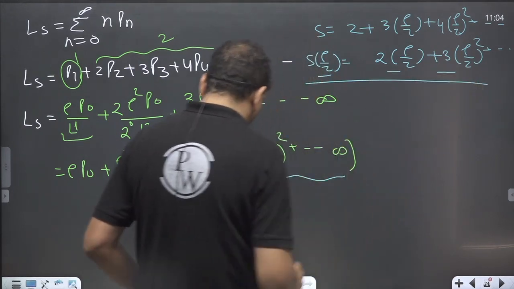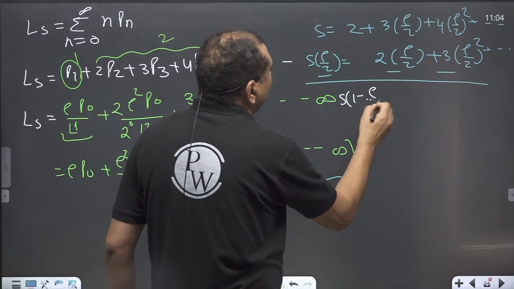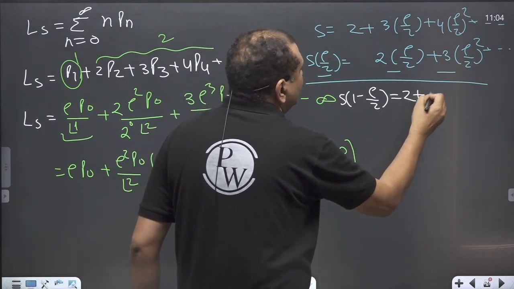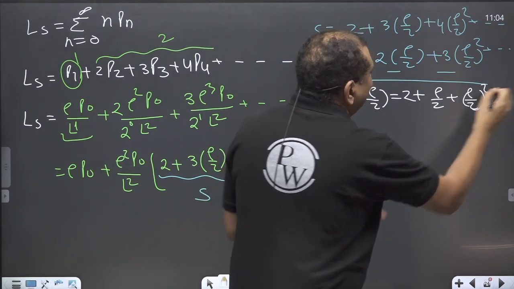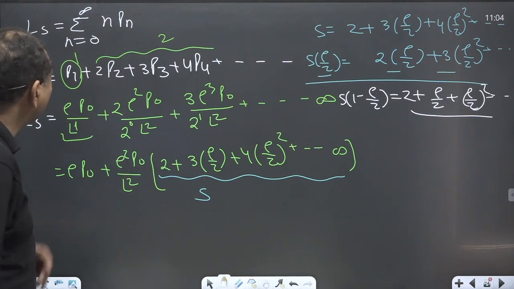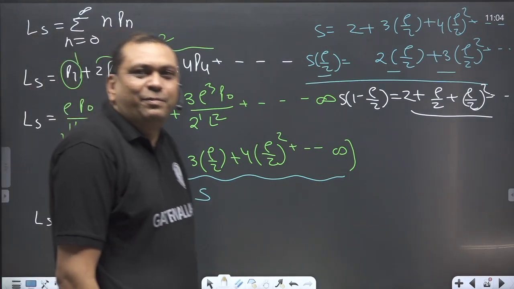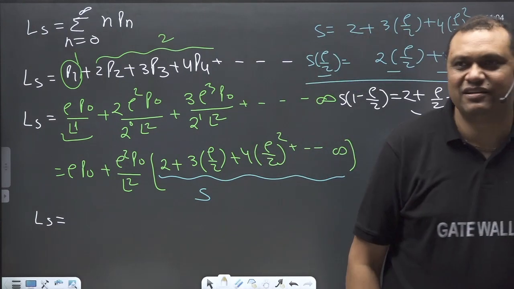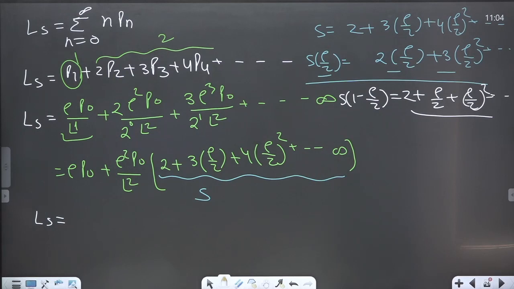Subtract. If you subtract, you will get S times 1 minus rho by 2 equals 2 plus rho by 2 plus rho by 2 square. Now it's a proper geometric series. Put everything here. Find out LS. Can you do it quickly?